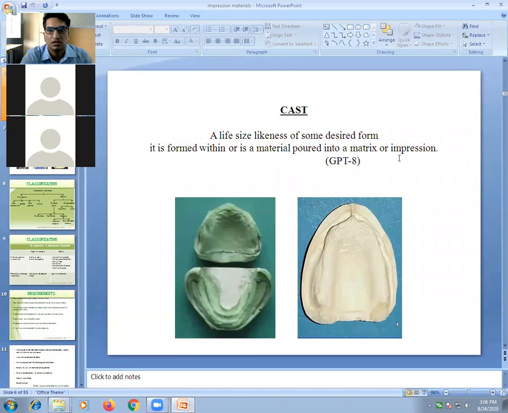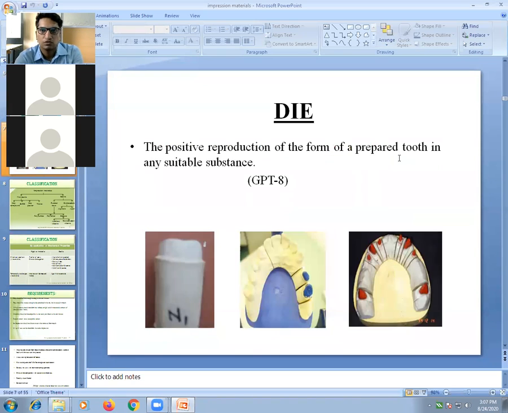Life-size likeness means that the same dimensions as present in the patient's mouth, we are going to get on the cast. That's why it's known as life-size likeness. It can be poured into a matrix or impression. So impression is a negative likeness, whereas the cast is a positive likeness.